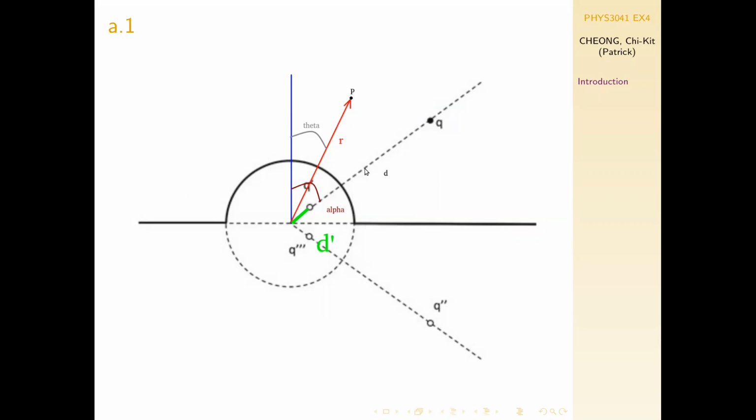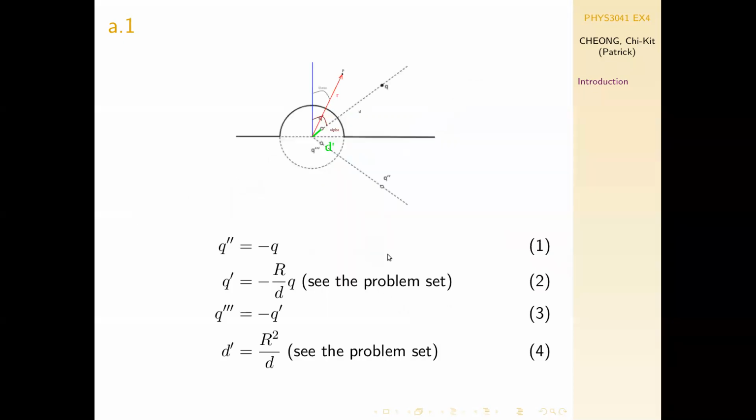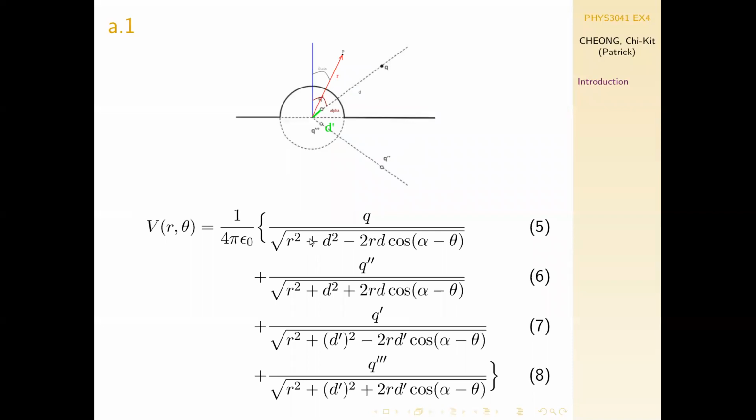In this problem, there are 3 image charges. Once you work out all the image charges, you can directly sum them up, as the electrostatic solution obeys superposition.